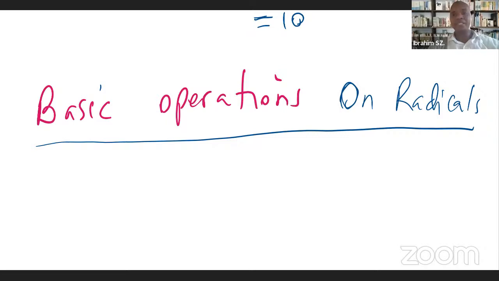When we talk about basic operations, remember that we are talking of addition, we have subtraction, we have multiplication, and we have division.